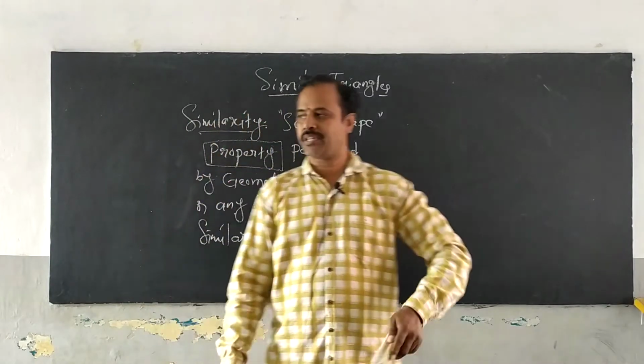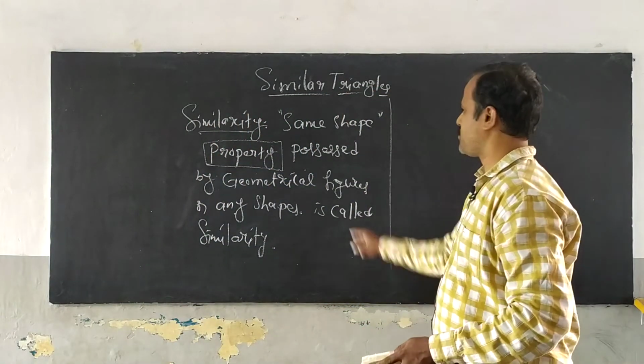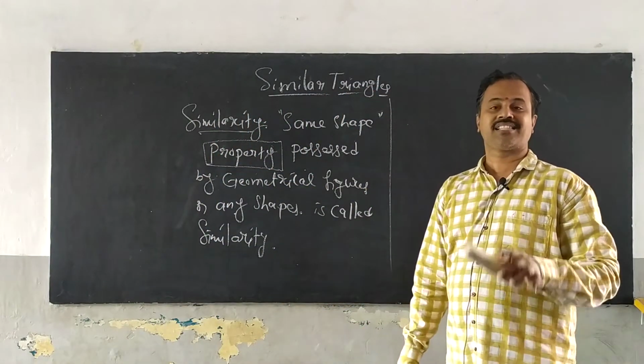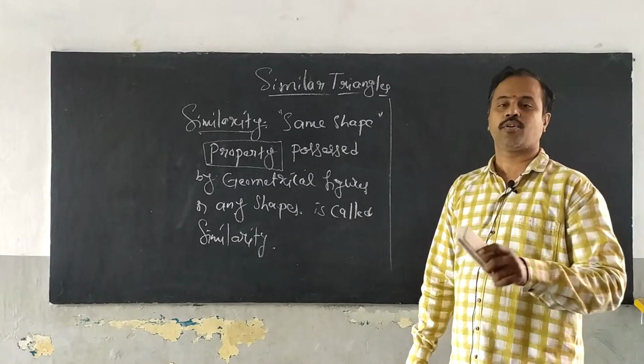So the objects which are of the same shape are called similar figures or similar objects.